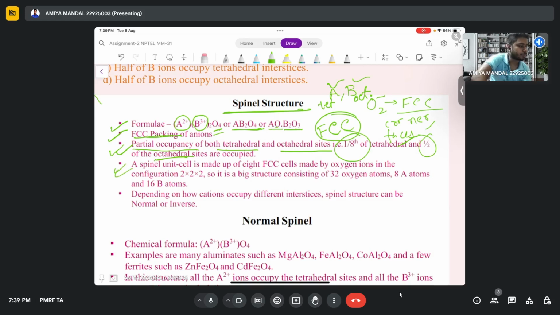If we consider an FCC crystal made up of oxygen ions, one crystal structure looks like this.